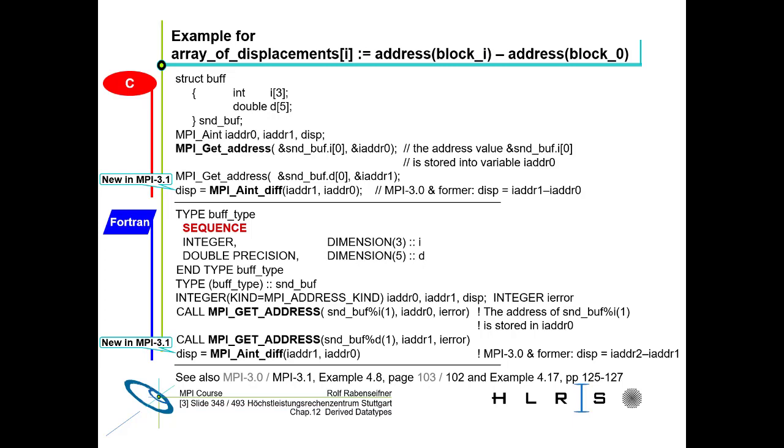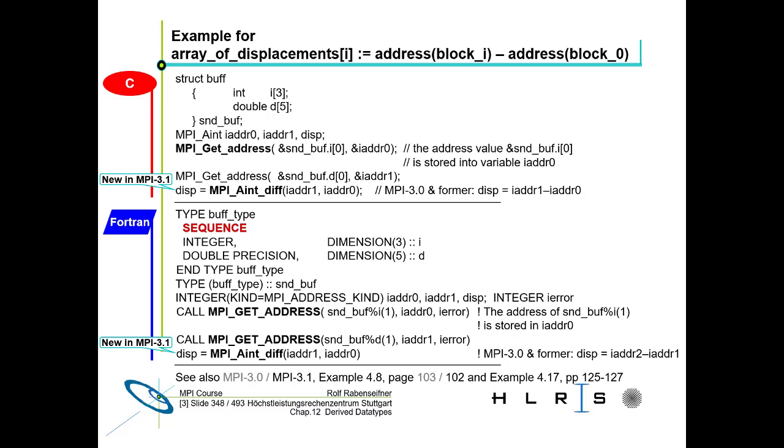For Fortran it would be quite similar. We have the type buffer_type, with sequence, integer and double precision, integer 3 values, double precision 5 values.